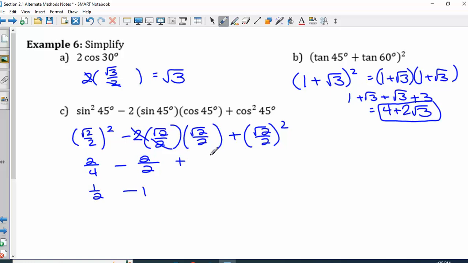And radical 2 over 2 squared again is 2 over 4, which is 1/2. And we get 0. Any questions on those?